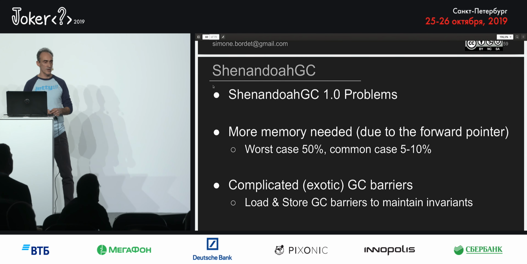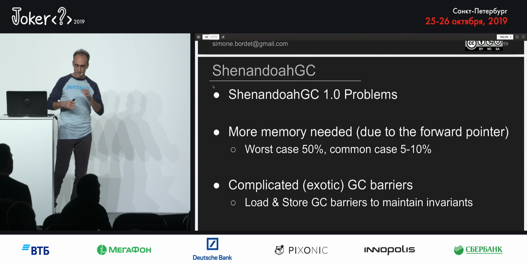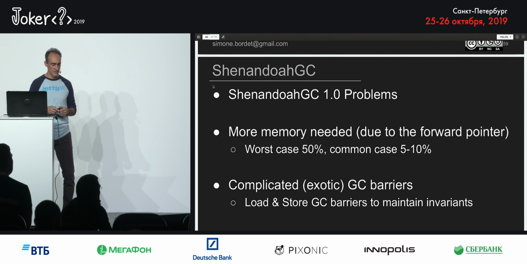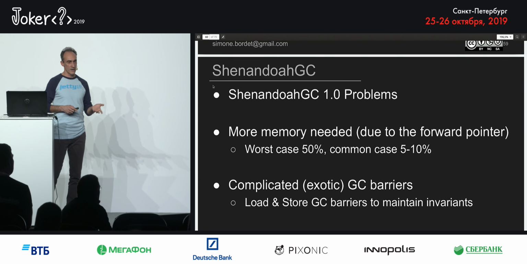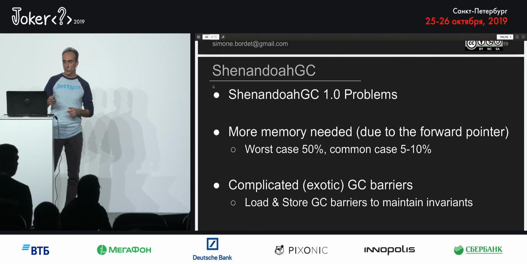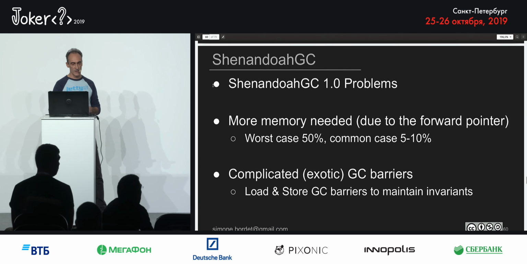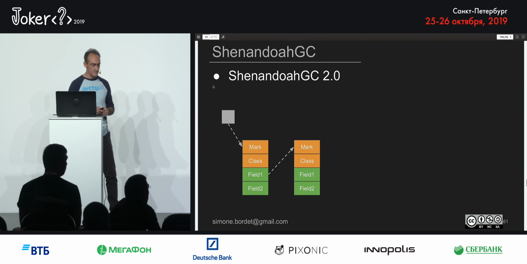So it is a problem. Plus, there were some internal code complications that this version of Shenandoah was struggling with, but eventually solved. But it was still not the ideal solution.